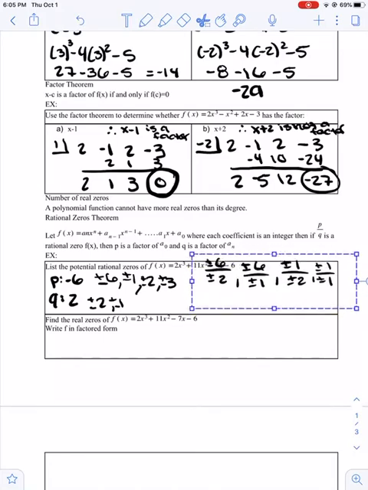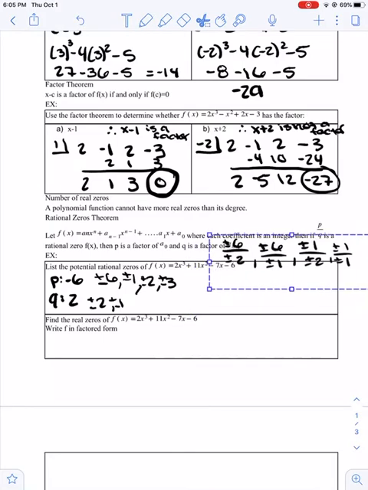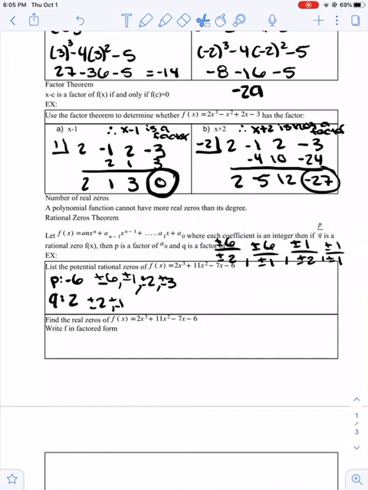I'm going to move this up just to get some more space. Plus minus 2 divided by plus minus 2, plus minus 2 divided by plus minus 1, plus minus 3 divided by plus minus 2, plus minus 3 divided by plus minus 1.